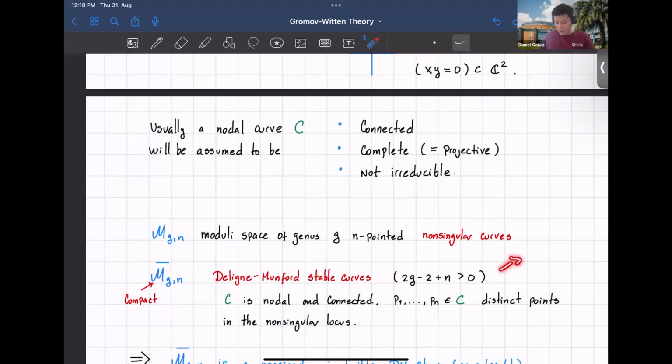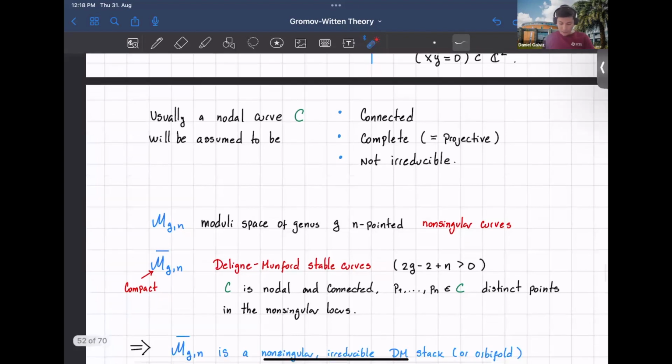If g is 0, then n has to be greater than 2, so it means equal to 3. And if g is equal to 1, then n has to be greater than 0.